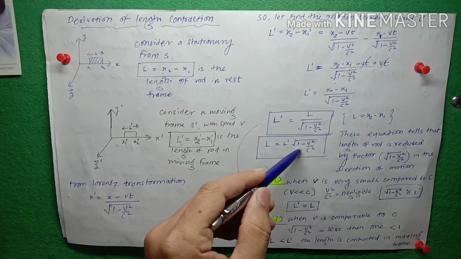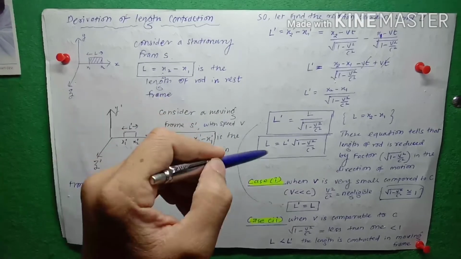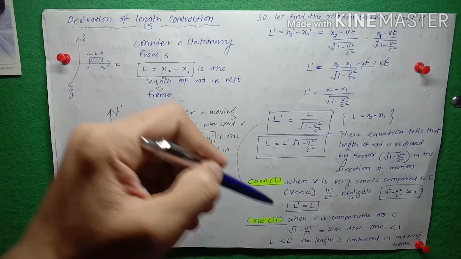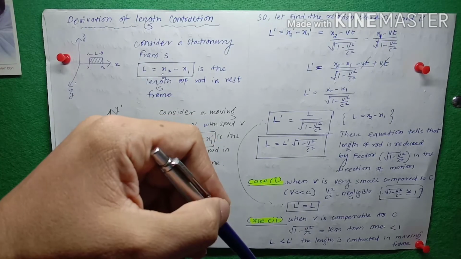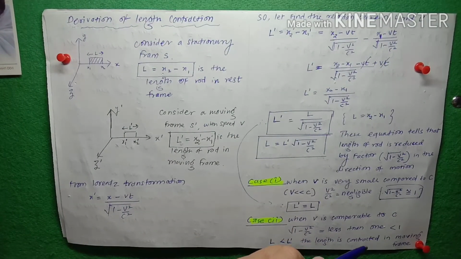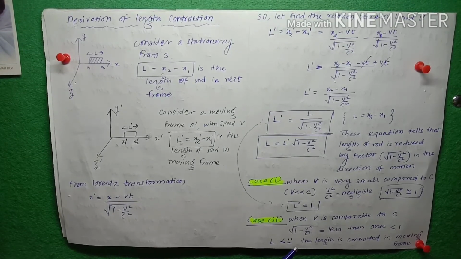When this quantity is less than 1, the length observed by the moving frame will also be less. Therefore a person moving in the frame, when he sees the length of the rod, will observe that the length of the rod is contracted. Therefore L dash is less than L.